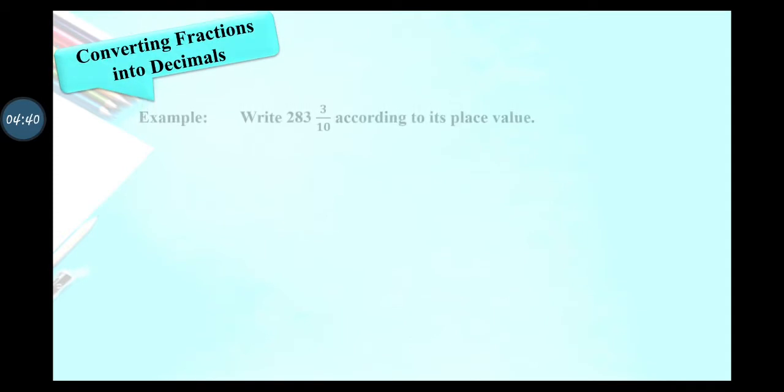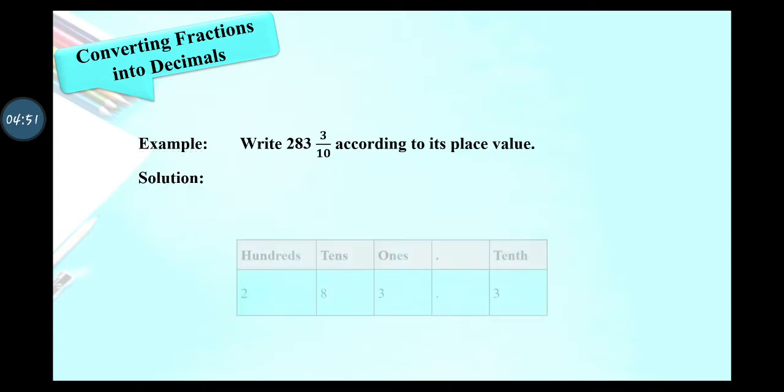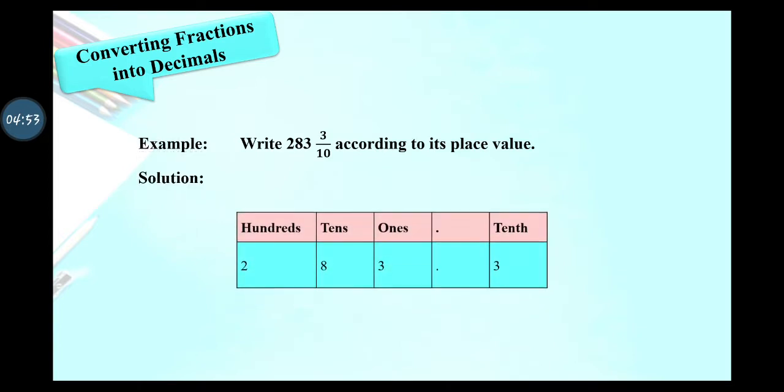Now let us learn through an example how we can convert fractions into decimals. We have the example 283 whole 3 upon 10. We have to draw the place value table. Here we have two parts.